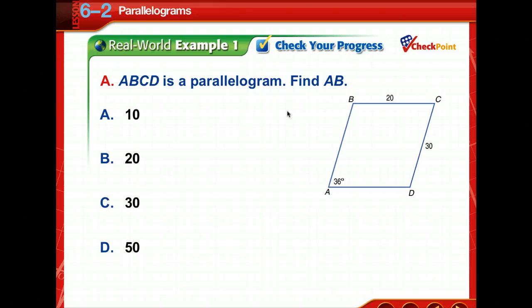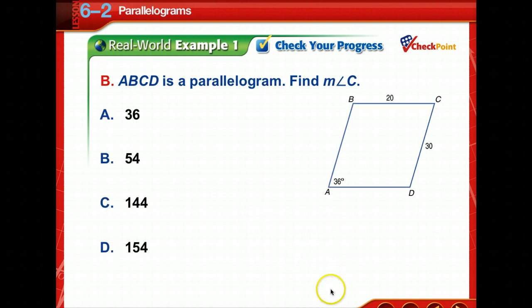Time for you to check your progress. So pause for a moment, work the problem, come back and check your answer. Okay, so we know that AB is the same measure as CD because opposite sides of a parallelogram are congruent. So we know that the measure of AB is 30. Another one. Pause for a moment, come back and check.